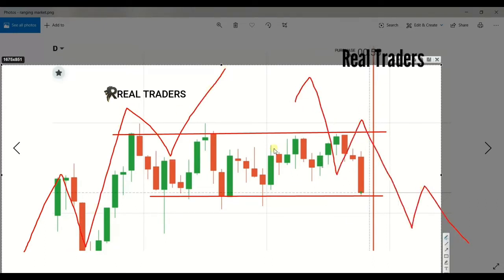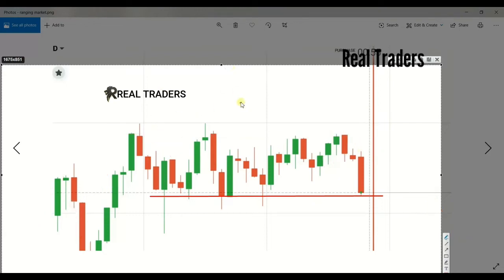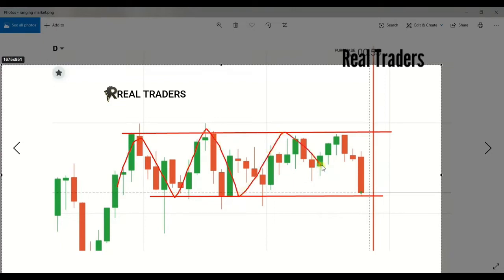A trendy market is this, it is moving like this. So here the market was in an uptrend until this level, and on this area you can see the market only moves between these two lines. So this is called the ranging market.